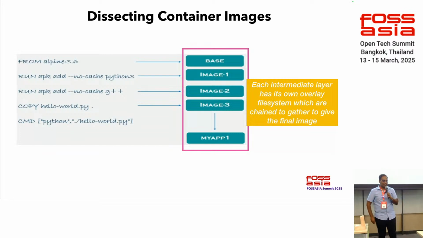I mean, I don't want to run two apk commands on two separate lines, because then I have more images. I can run both of them in one command, then only one image. Yes, so that's one way you can probably reduce the number of intermediate image layers. That's right. If you run both of them in one, you get fewer intermediate images.